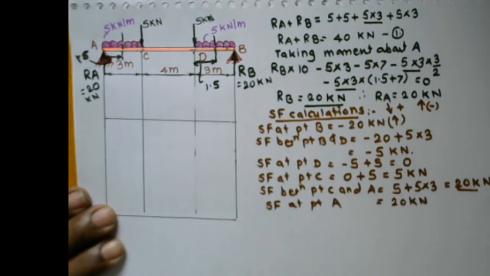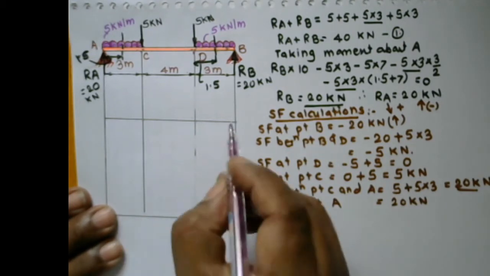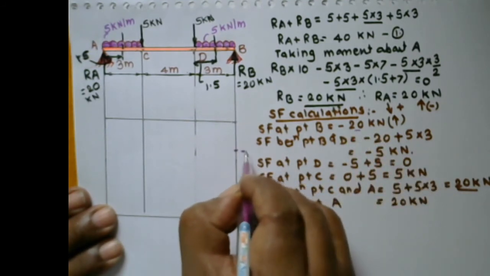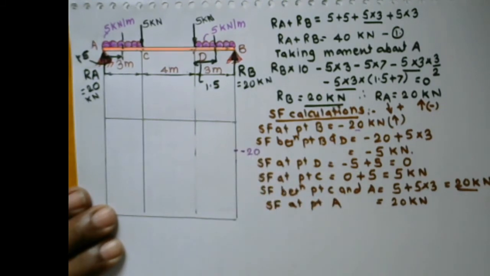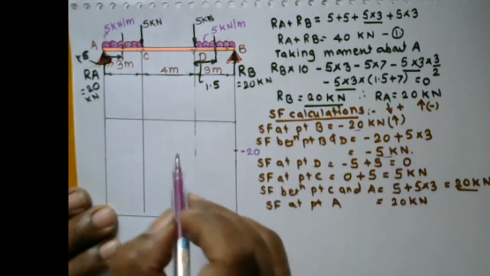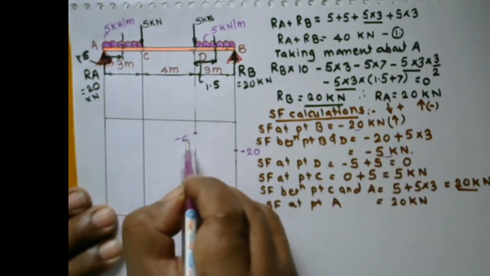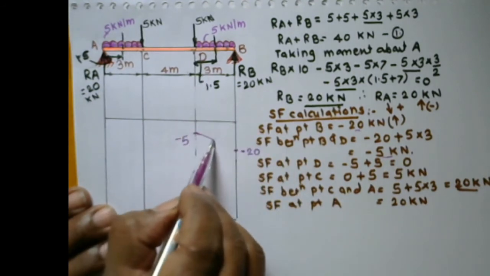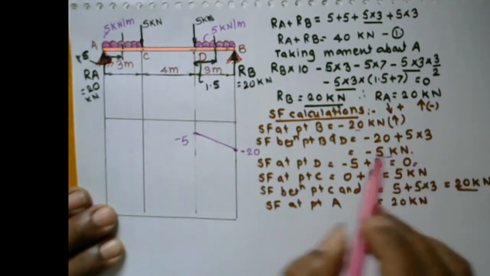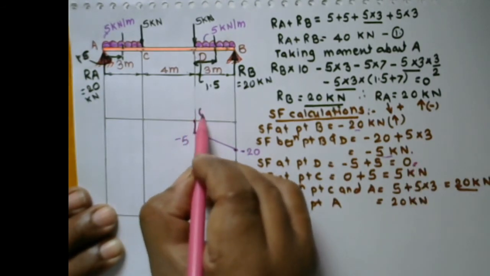Okay. Now plot this shear force diagram. At point B shear force is minus 20, so the diagram lies on the negative side, minus 20. Between the point B and D shear force is minus 5. UDL is acting, so we have to join them by an inclined line. At point D 5 kilonewton is added, so at point D shear force is 0, so it becomes 0 again.